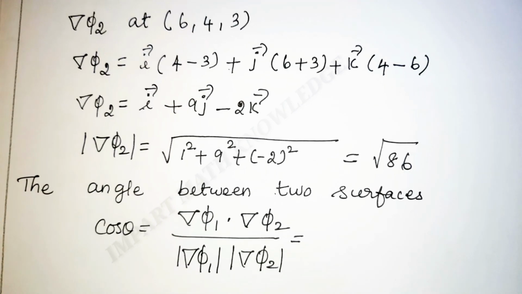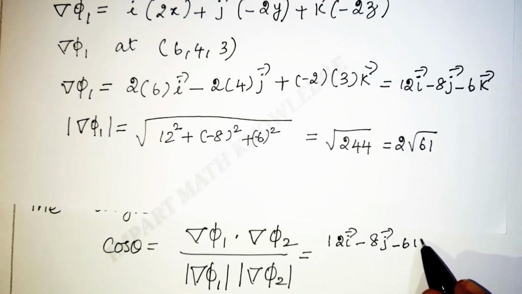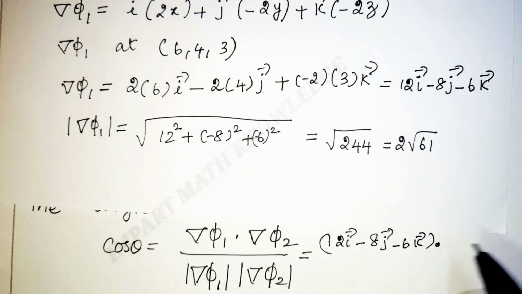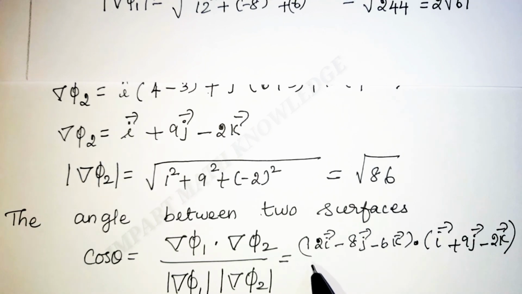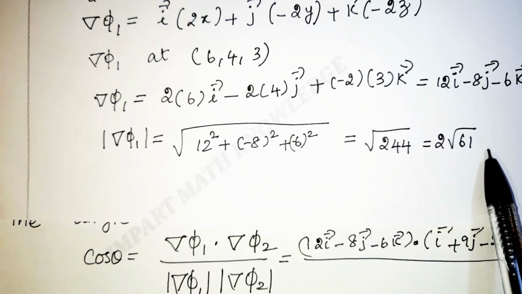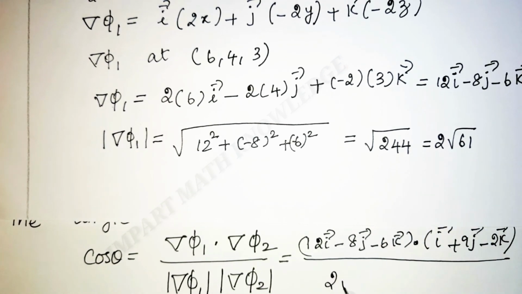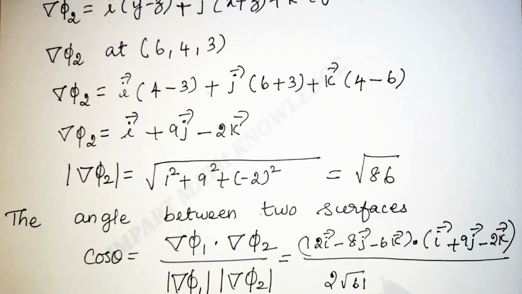Next we have to find the angle between two surfaces. Del pi 1 is equal to 12i vector 8j vector minus 6k vector, dot del pi 2, which is i vector plus 9j vector minus 2k vector, whole thing divided by modulus of del pi 1, which is 2 root 61, and modulus of del pi 2, which is root 86.